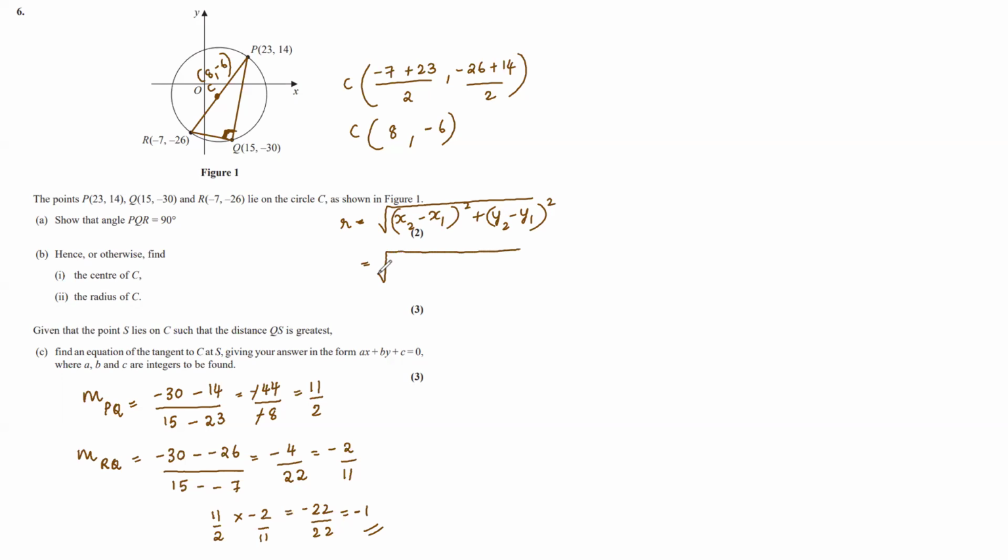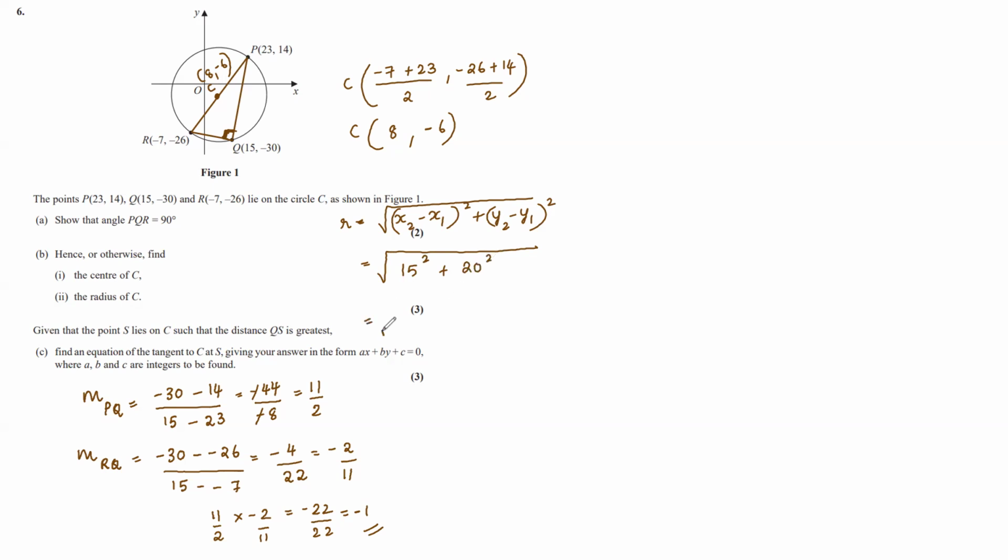So this will be the root of, let's take 23 as x2, x2 minus x1, that is 8. 23 minus 8 is 15 squared, plus y2 minus y1, that is 14 minus -6. 14 minus -6 will be 20. 20 squared.